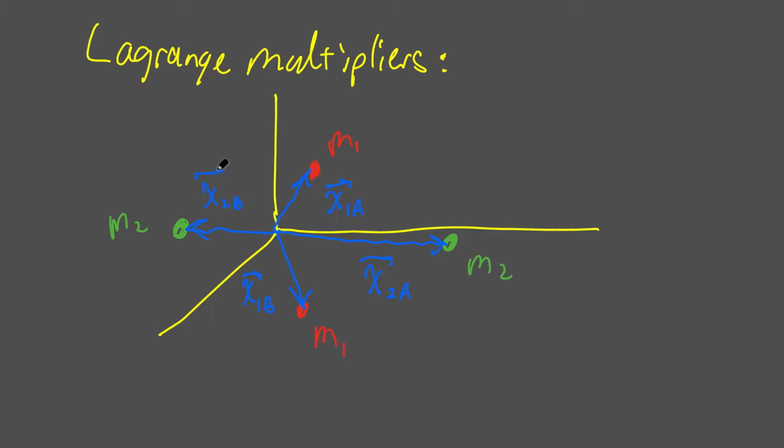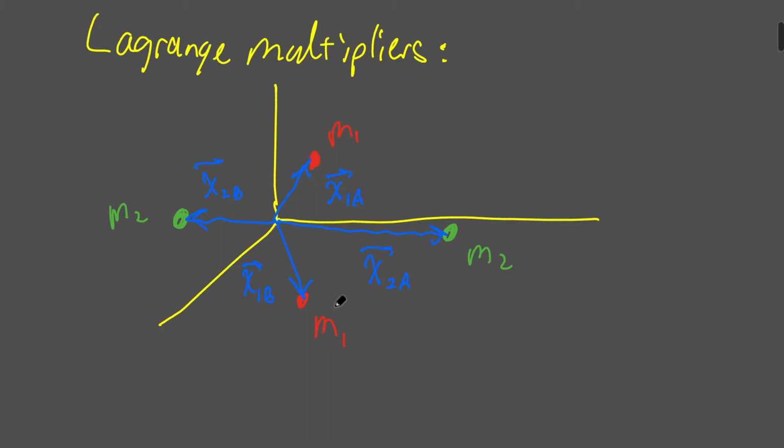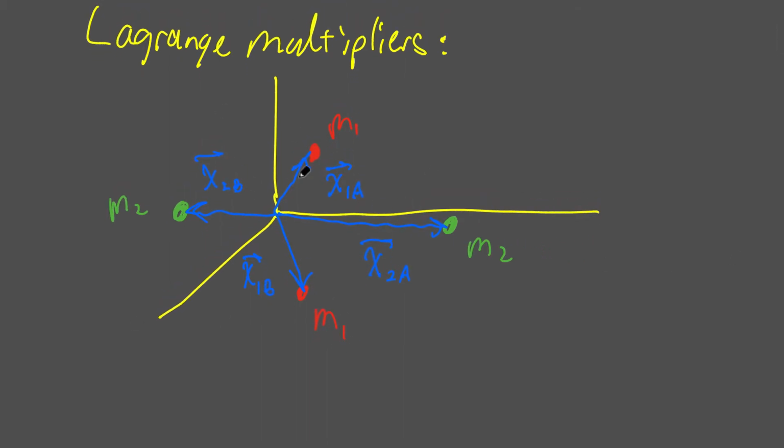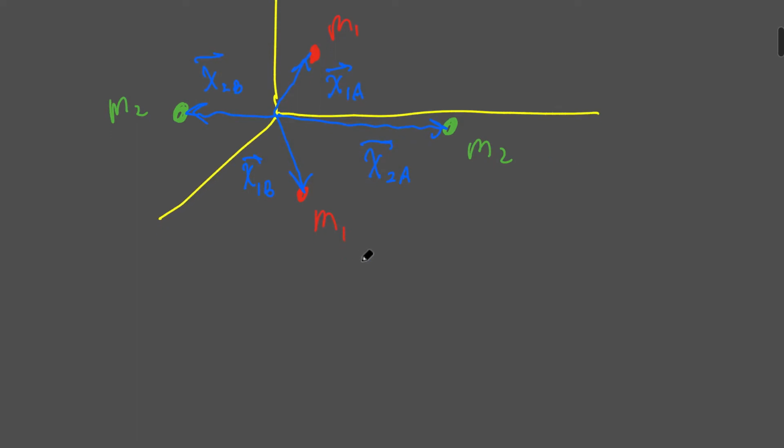x2b vector. All right, so we first just write down the Lagrangian for this four-particle system, and then we'll constrain the four particles with the struts, constrain them to lie in the cross pattern. Okay, so the Lagrangian for these four particles, we have, for the first particle, 1/2 m1 x1a vector dot. I use dot to denote time derivative.